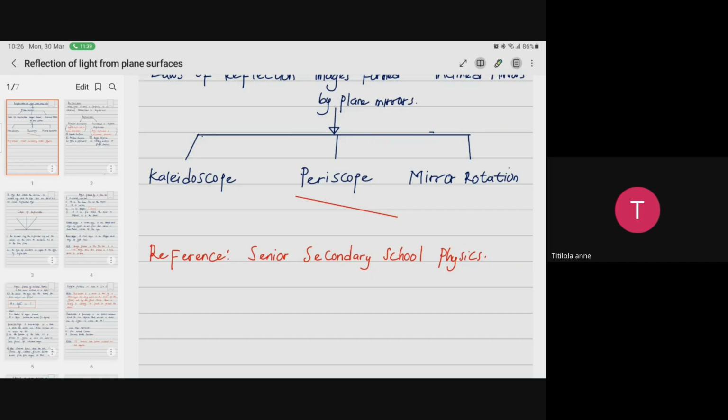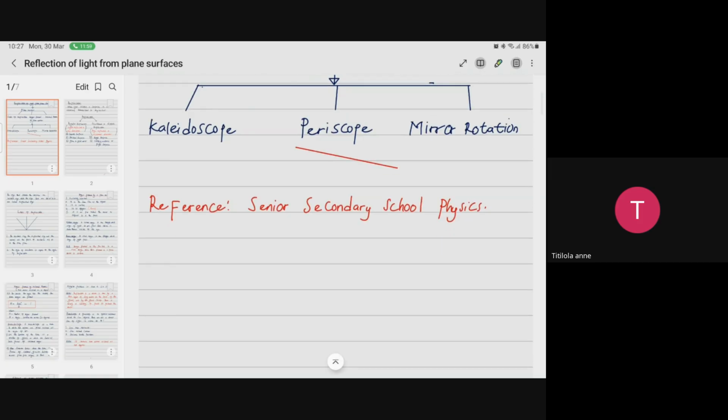But there's one they wrote together with Anyakoha, Senior Secondary School Physics. There's not much decoration on it, and it's ancient of days, and that's what I'm using. I inherited that textbook from my elder brother, and I'm still using it to date. I cherish that textbook so much, so that's the reference I'm making use of for the classes.